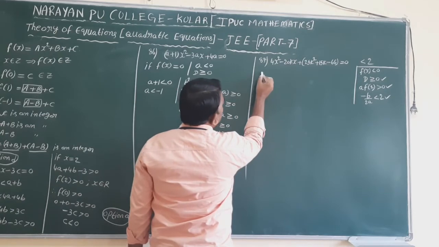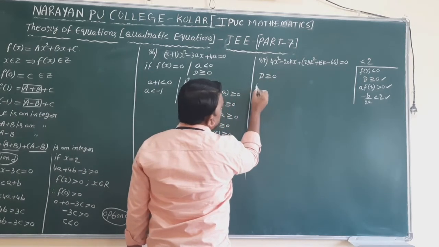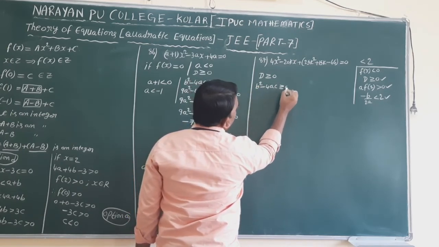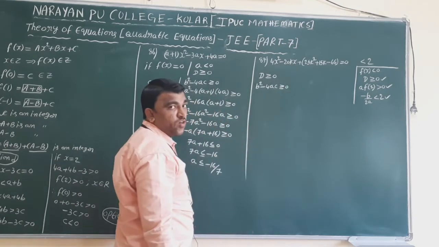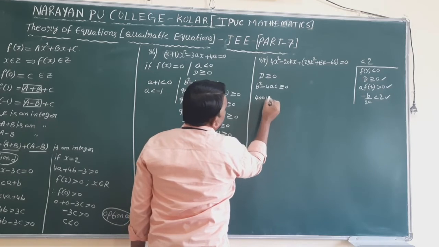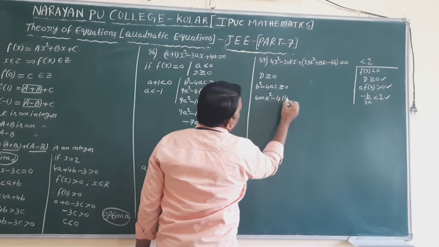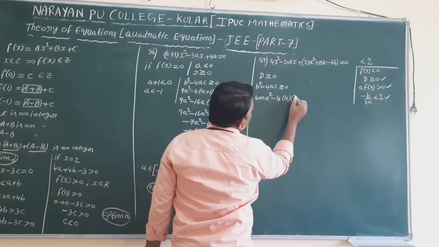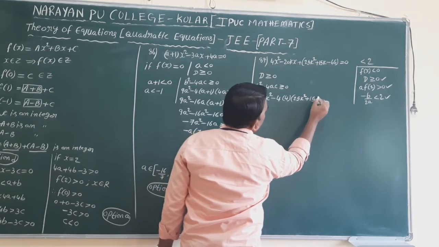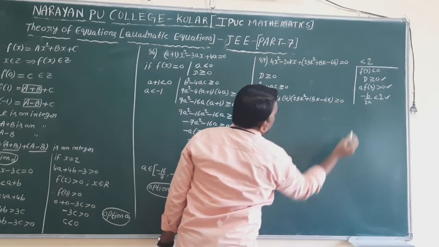First, discriminant is greater than or equal to 0. Discriminant is b² − 4ac greater than or equal to 0. b is −20k, so (−20k)² which is 400k², minus 4a, which is 4 only, times c, 25k² + 15k − 66, is greater than or equal to 0.